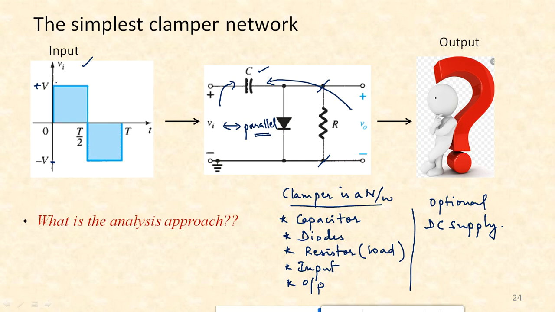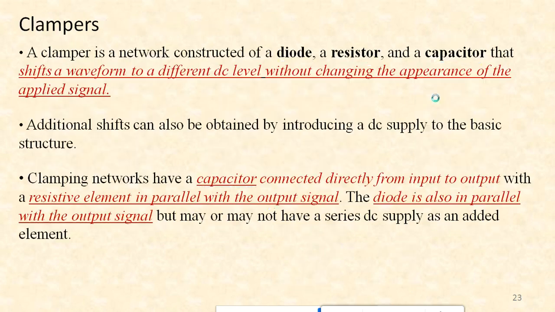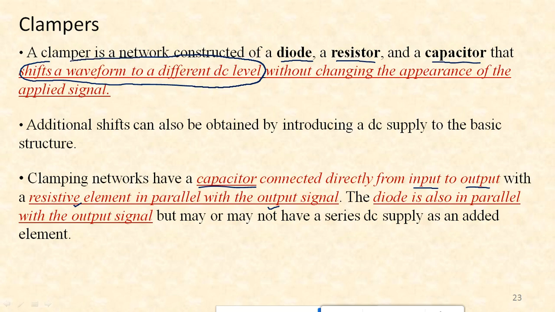Let me very quickly go back to the previous slide and stress one or two statements of the clamper definition. The first important point is that a clamper circuit uses a diode, resistor and a capacitor and shifts a particular input signal to a different DC level. I would like to stress this particular word: there is a shift in the DC level, either up or down with respect to something.